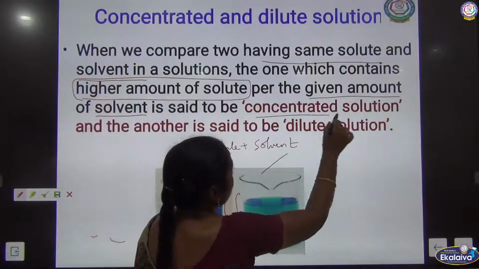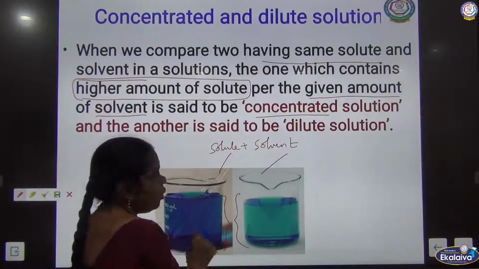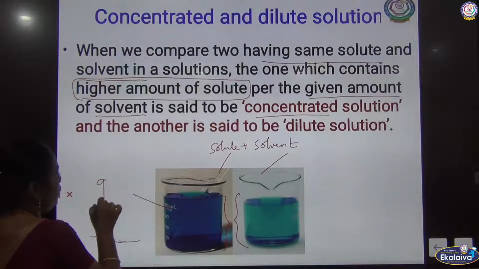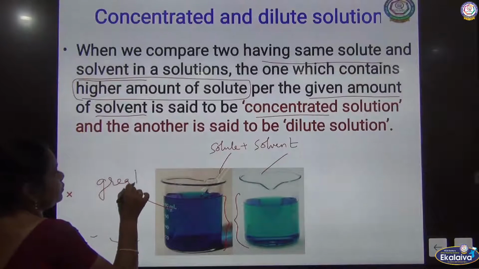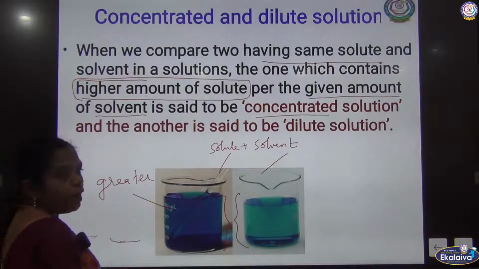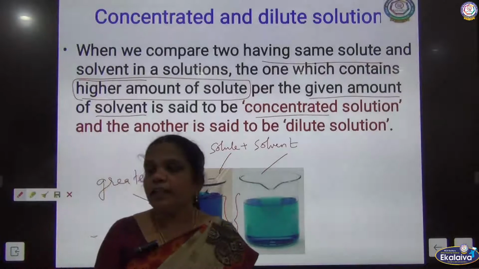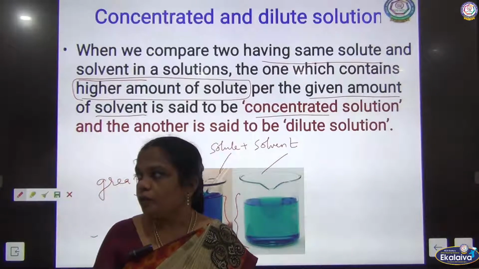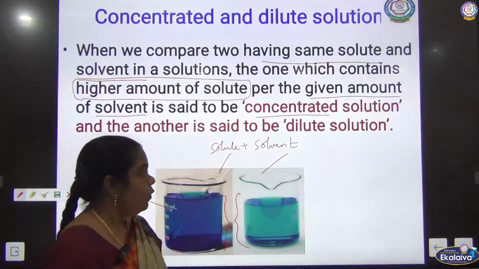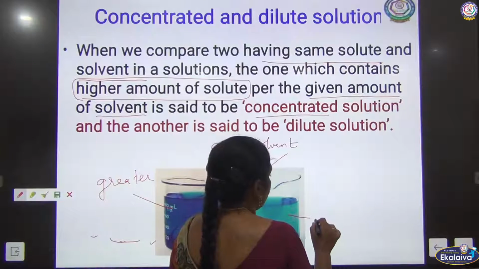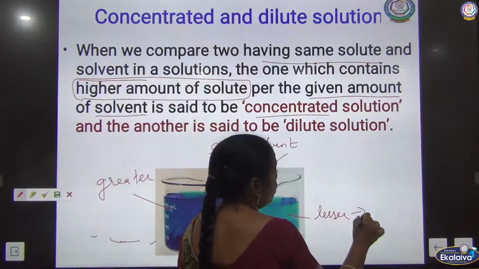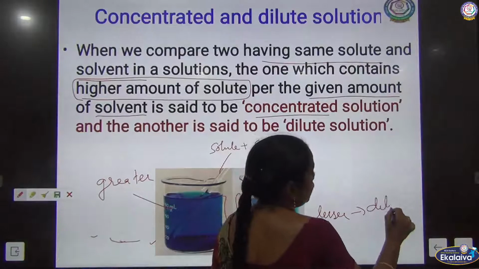Which one is called the concentrated solution? When the amount of solute is greater, it is called a concentrated solution. And when the amount of solute is lesser, it is called a dilute solution.